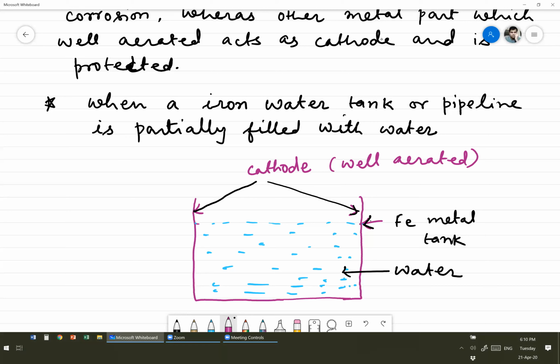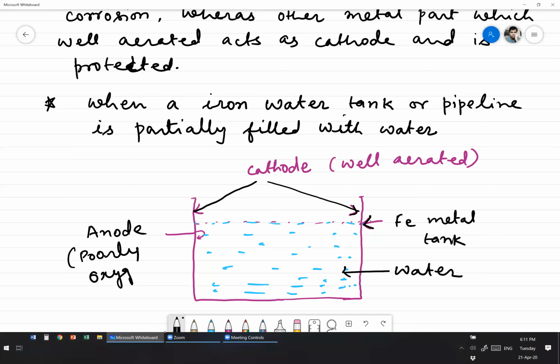The part of the iron metal container which is above the water line acts as the cathode because it is well aerated. But the other part of the metal tank which is just below the water line is poorly oxygenated, and acts as the anode and undergoes corrosion.